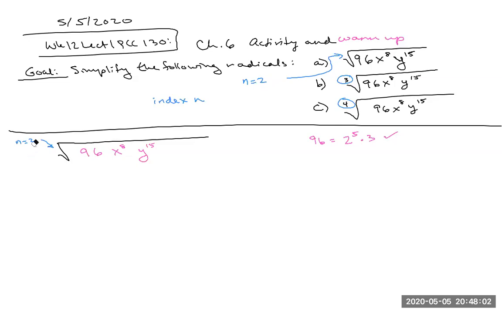Okay, so next is part B. We have the cube root of 96x to the 8th, y to the 15th. So first thing, we're going to need to write a cube root again. Make sure you have that 3.